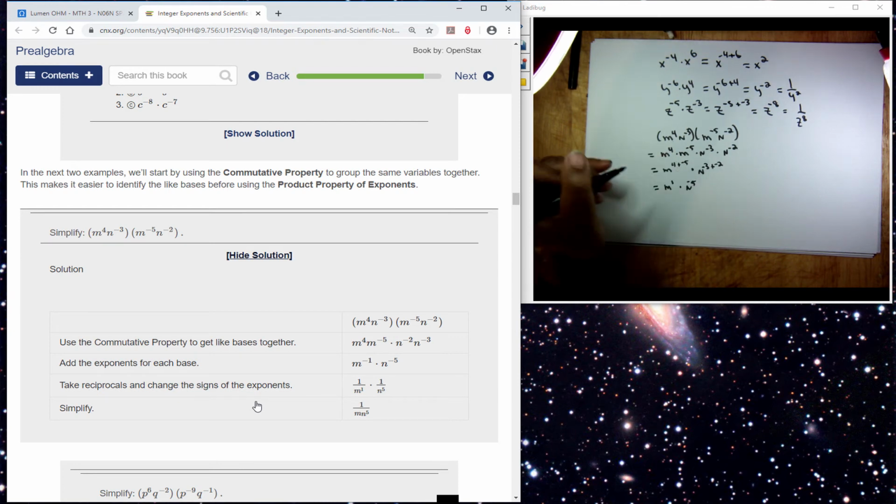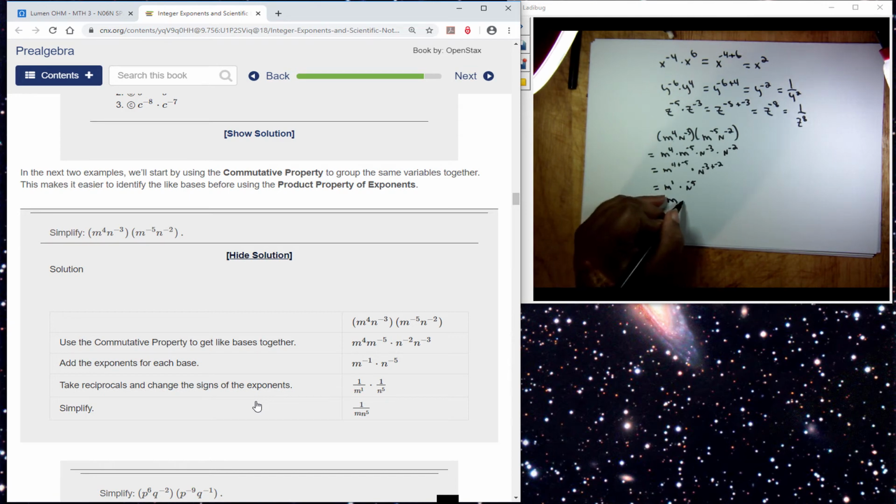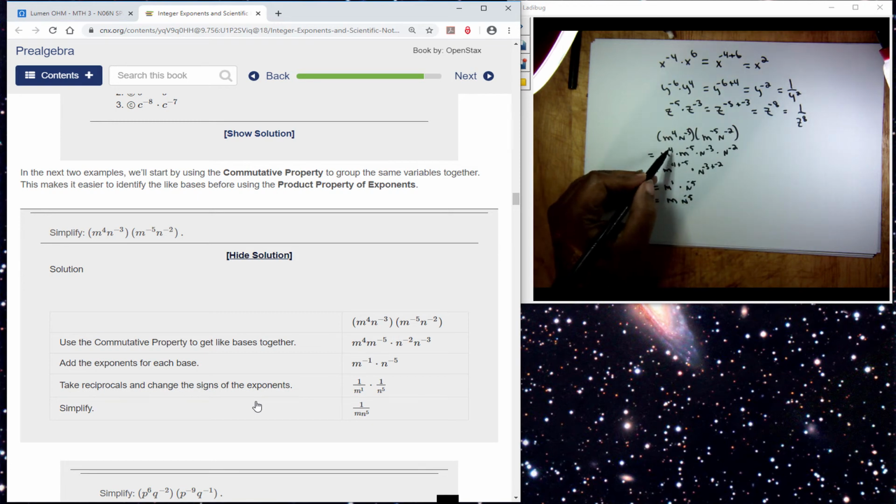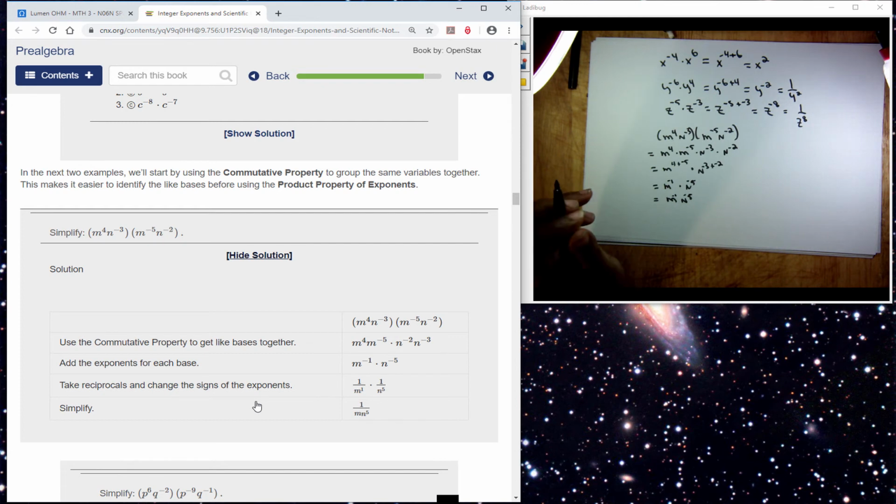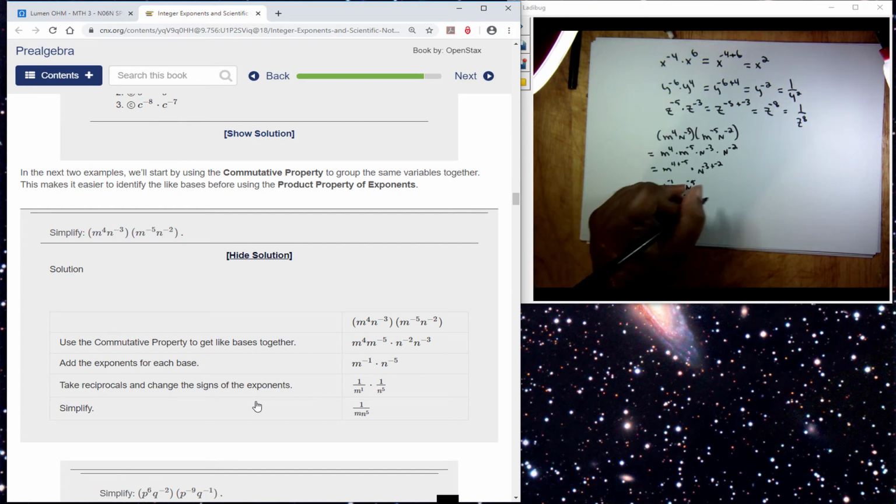Negative m n to the 5th. Negative. And that's what I get there. And looking at this again, 4 and 5 makes that a negative 1. So that really belongs all on the bottom: 1 over m n to the 5th.